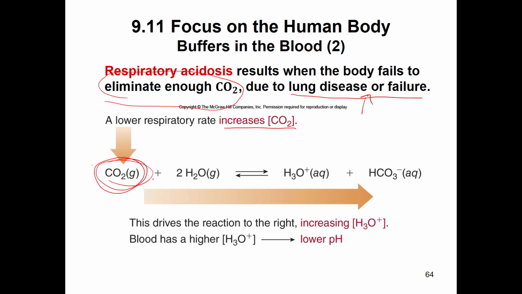Since you're accumulating the CO2, that is driving this to the right, and you're going to increase the acid concentration, and that's going to lower the pH in your blood over time, and so you are going to be in what's called respiratory acidosis.